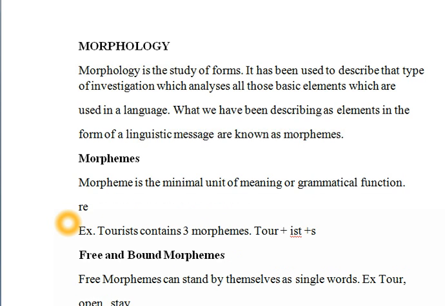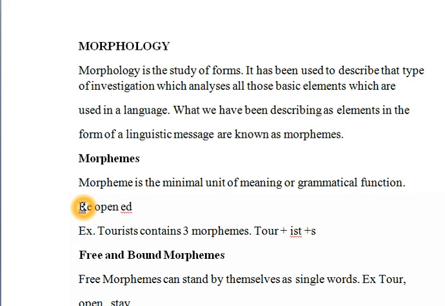When I say reopened, as you can see, this word is composed of 3 parts, not just 1 part.